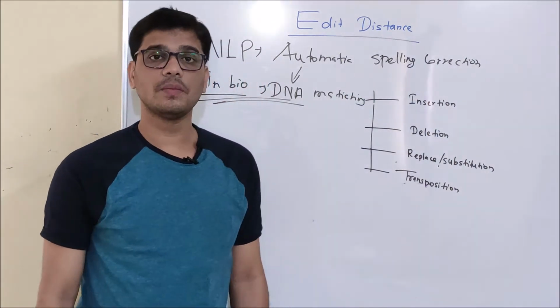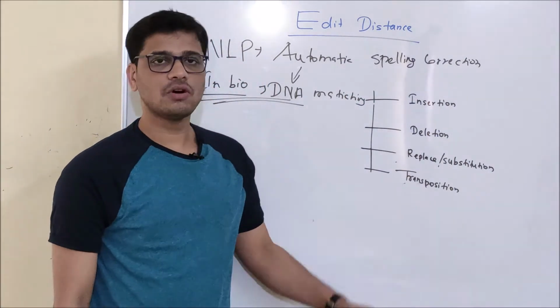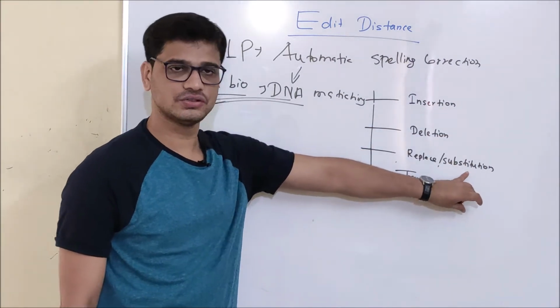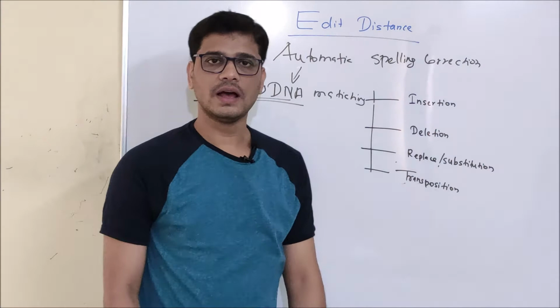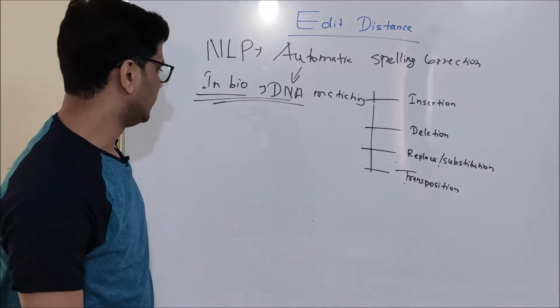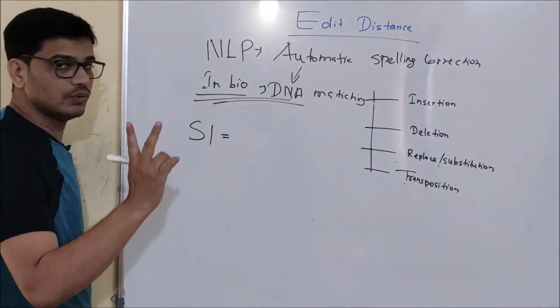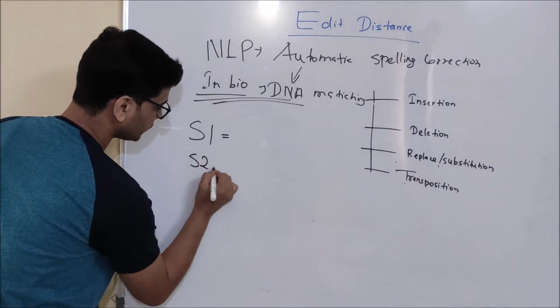So these are few examples. Now let's come to operations. Some of the common operations are insertion, deletion, replace or substitution, and transposition. And now let's understand these in detail. To understand it, we are going to take an example of two strings S1 and S2.